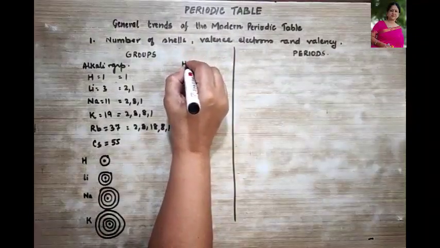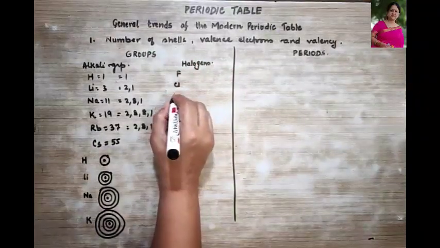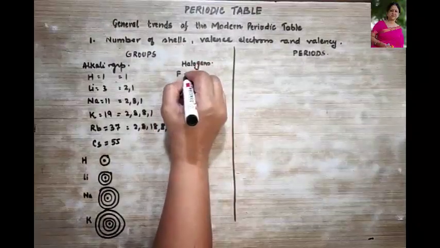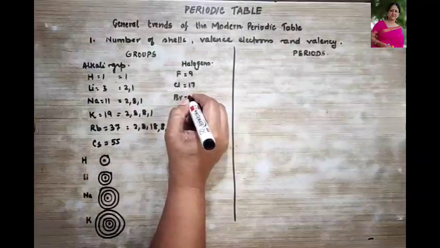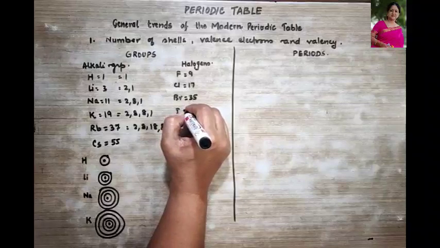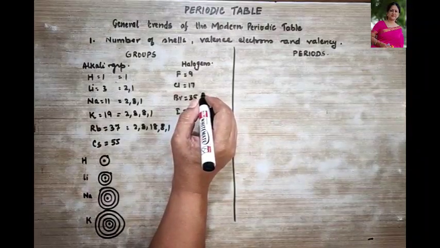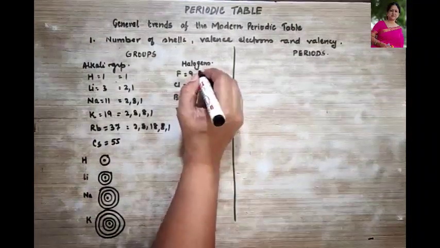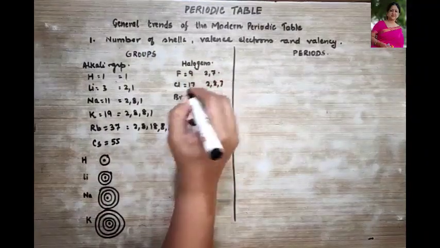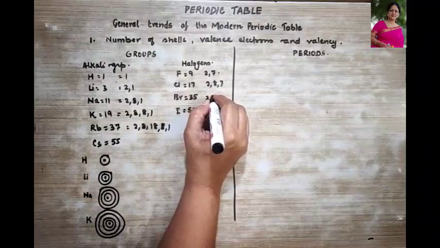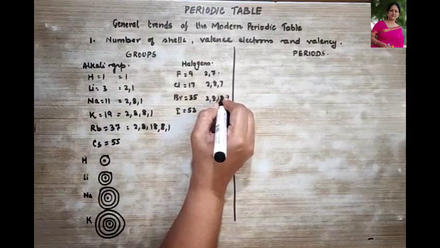Take another example, the halogens: fluorine, chlorine, bromine, iodine, with atomic numbers 9, 17, 35 and 53. Now let us configure them. Fluorine is 2, 7, chlorine is 2, 8, 7, bromine is 2, 8, 18, 7 and so on.